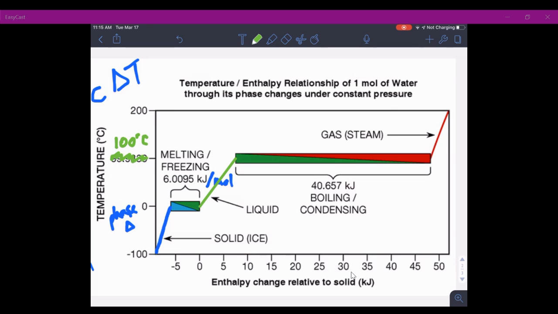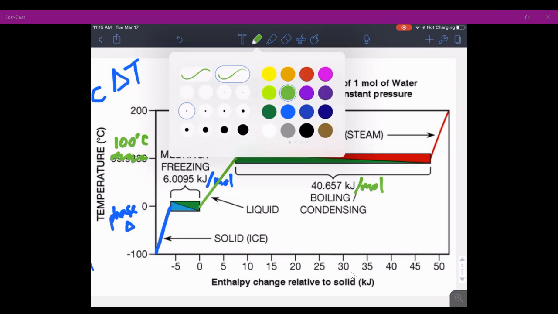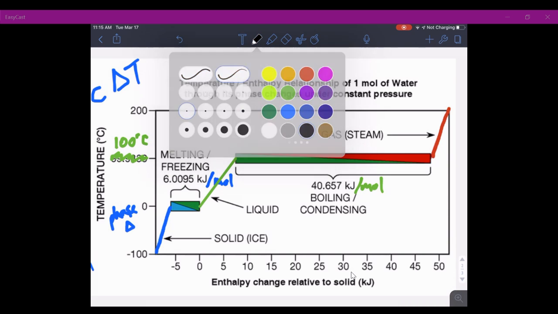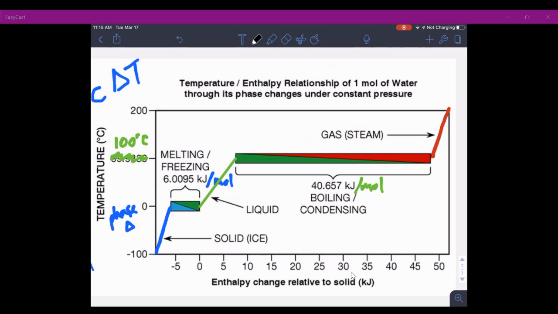At 100 degrees Celsius, we have another phase change where we add 40.657 kilojoules per mole of energy to change that liquid water into gaseous water. Again, once we've added enough energy that all of the liquid water has changed to a gas, our temperature starts increasing again.